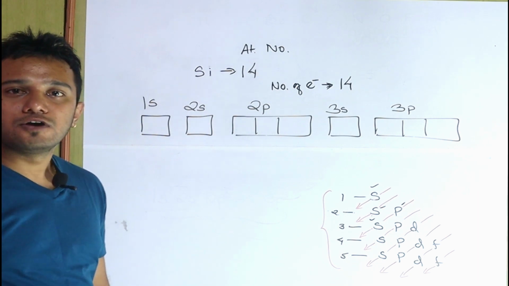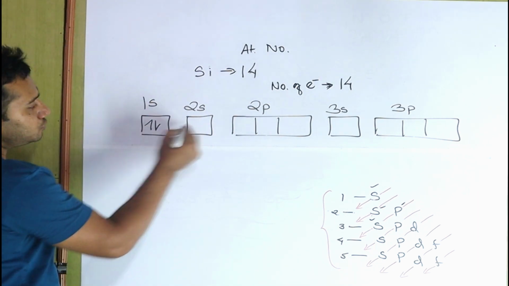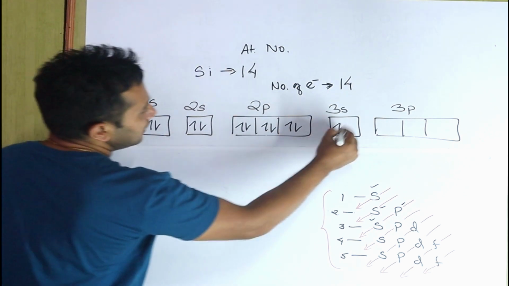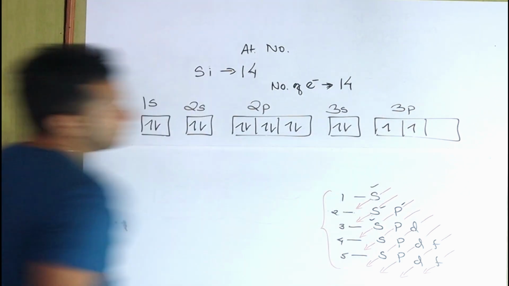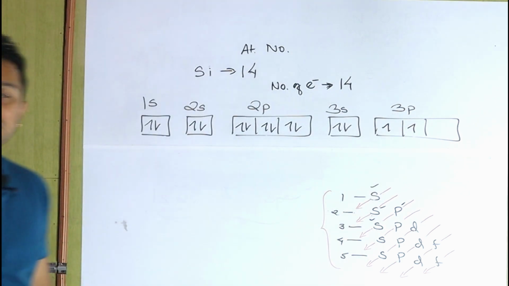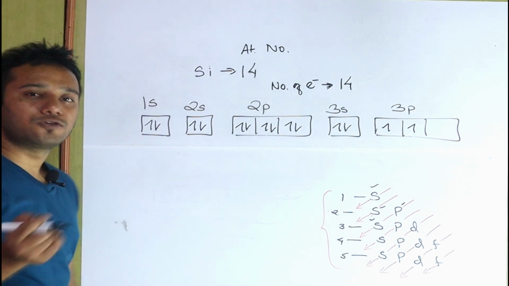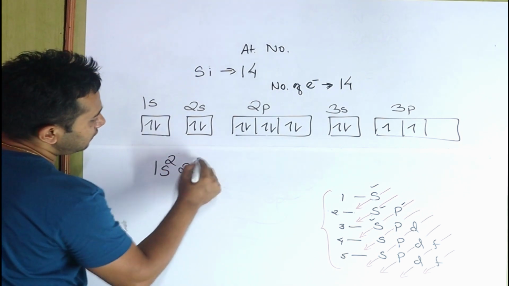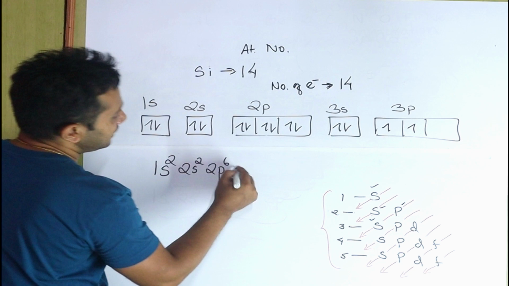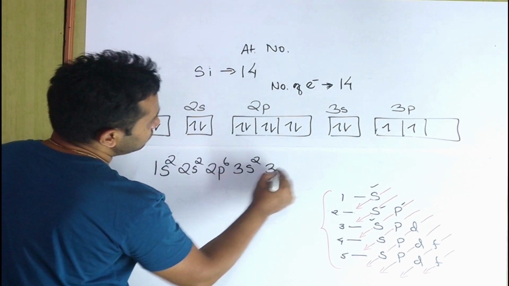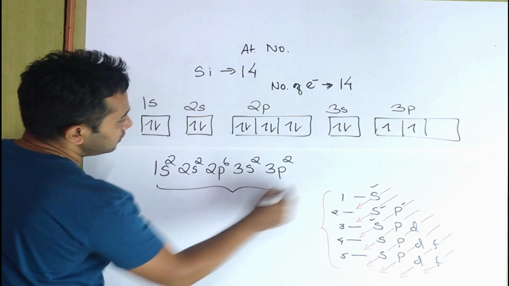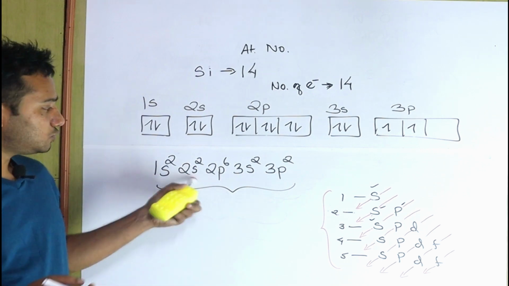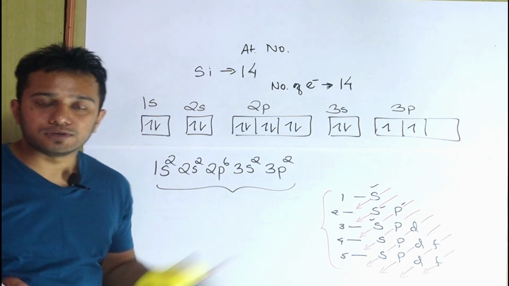So we'll start filling the 14 electrons. So 1, 2, 3, 4, 5, 6, 7, 8, 9, 10, 11, 12, 13, 14. So we have filled the 14 electrons and now we will write the electronic configuration. So in 1s we have 2 electrons, in 2s we have 2 electrons, 2p, 6 electrons, 3s, 2 electrons, 3p, 2 electrons. So this is the electronic configuration of silicon: 1s2, 2s2, 2p6, 3s2, 3p2.